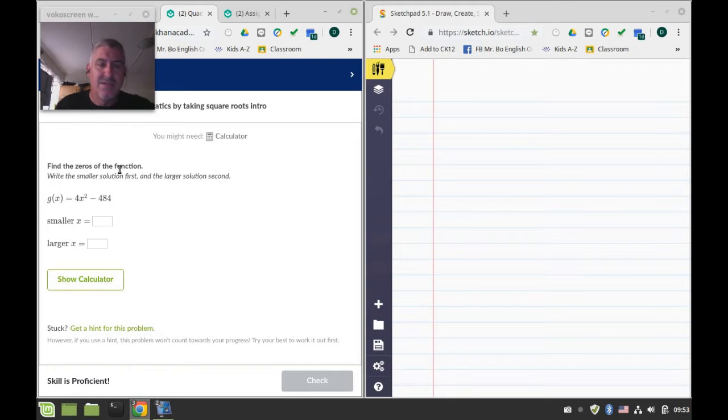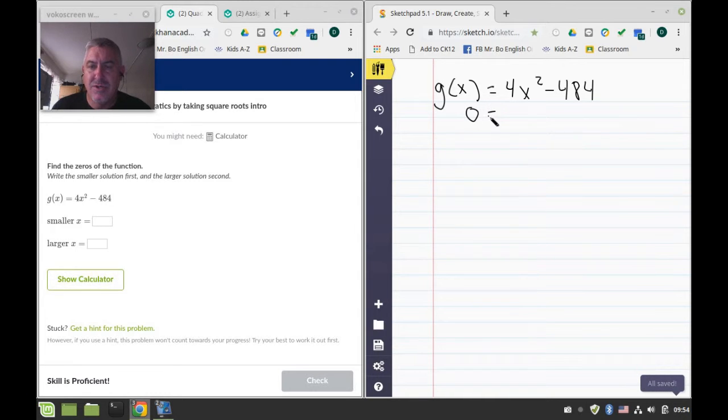Okay, so let's read our problem. Find the zeros of the function. That means when the function is 0. Write the smaller solution first and the larger solution second. Our function is g of x equals 4x squared minus 484. We want to know the zero, so we want to know when that is 0.